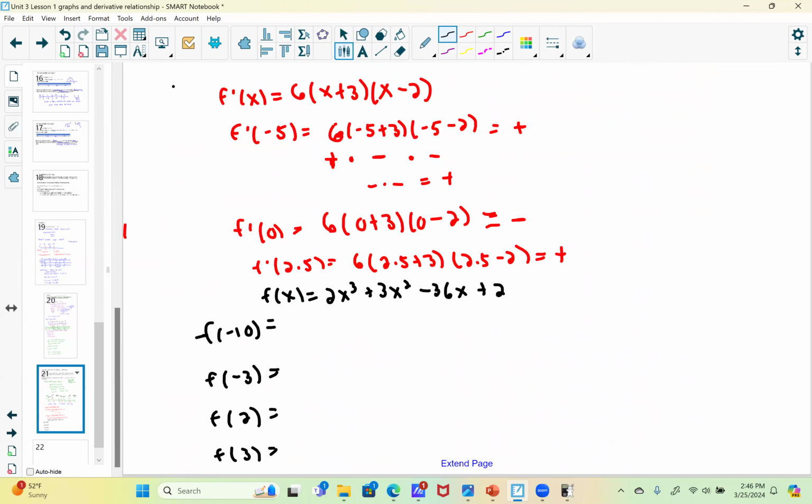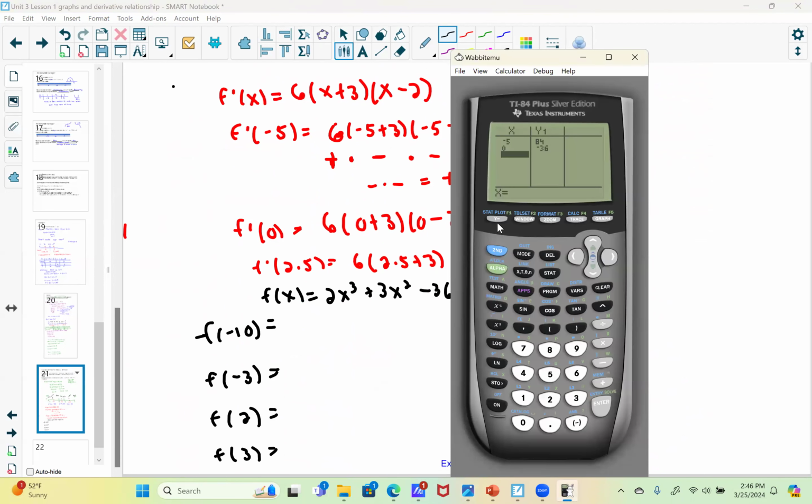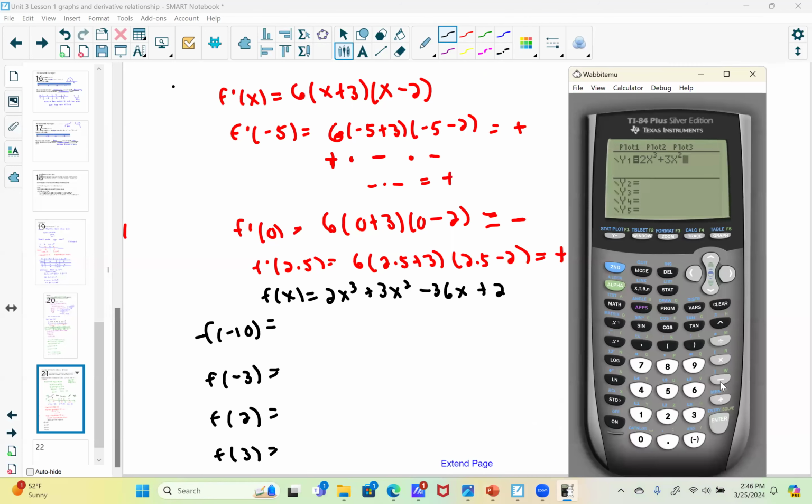And then I would, again, just be smart about this time-wise, like it's usually faster, I would go to y equals again, change my function to this function. So 2x cubed plus 3x squared minus 36x plus 2.